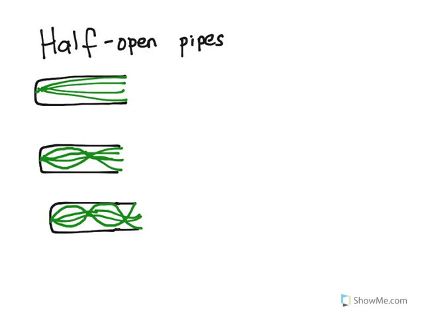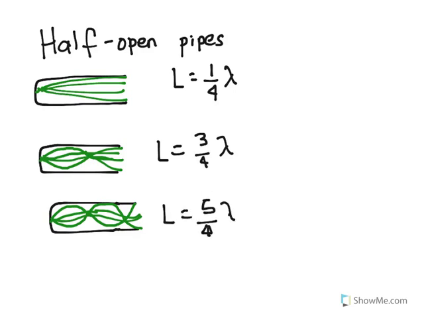In the first situation, the length is going to be 1/4 of the wavelength. In the second situation, the length is going to be 3/4 of the wavelength. In the third case, this is going to be 5/4 of the wavelength.